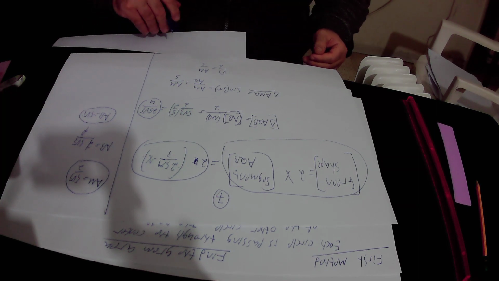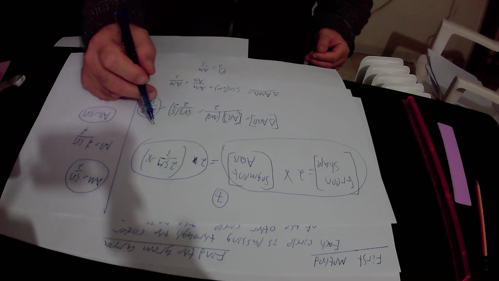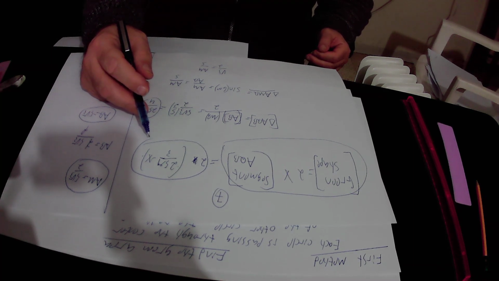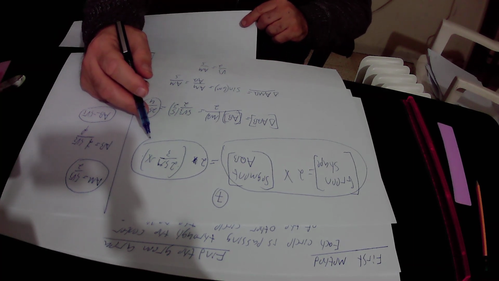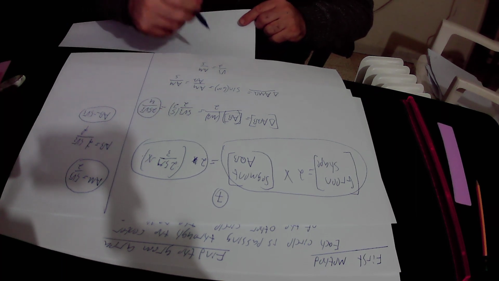That is to say, x equals the area of triangle AQB, that equals 25 times square root of 3 over 4.